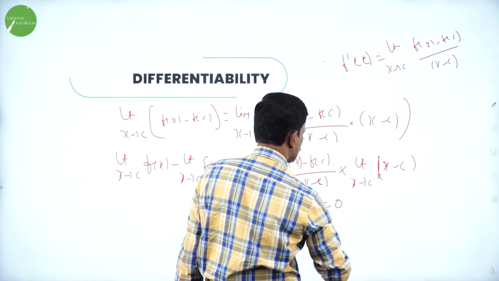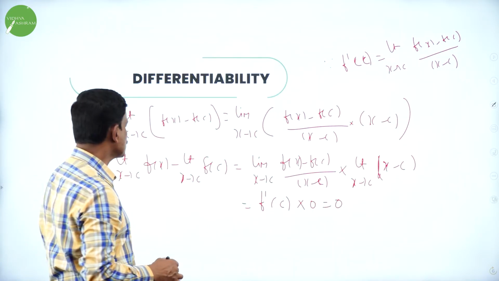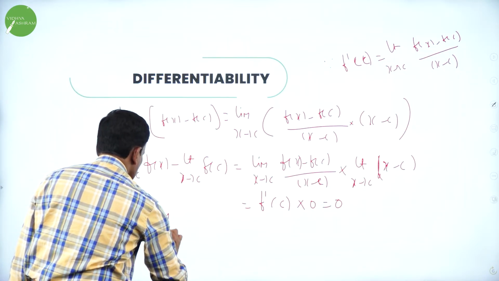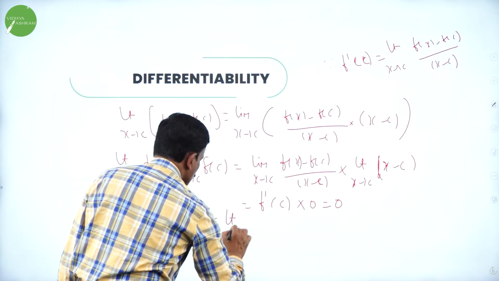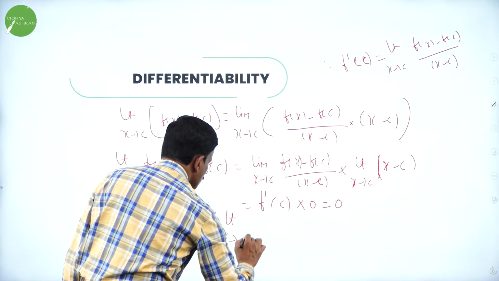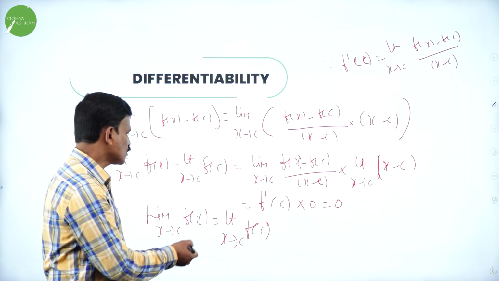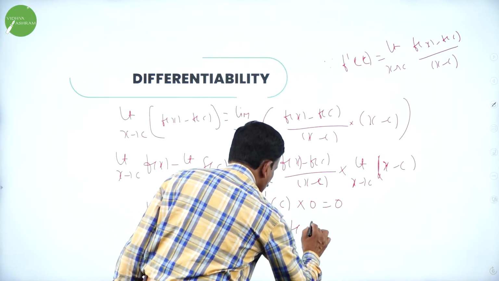So, this is equal to 0. So, limit x tends to C of f of x minus limit x tends to C of f of C is equal to 0, that is, limit x tends to C of f of x is also equal to limit x tends to C of f of C. So, this is nothing but f of C.